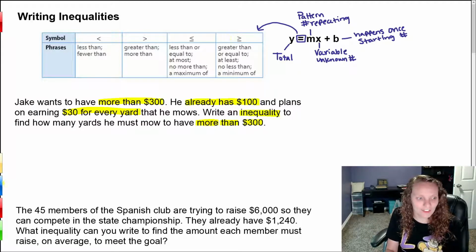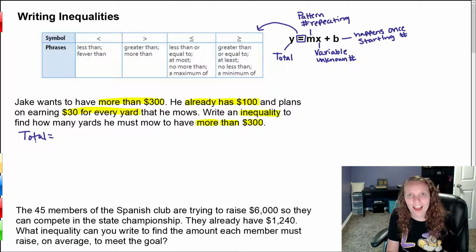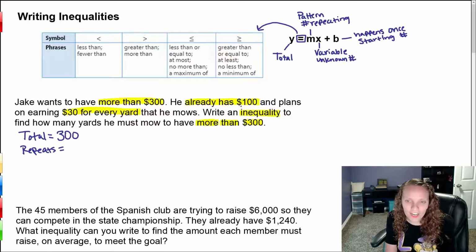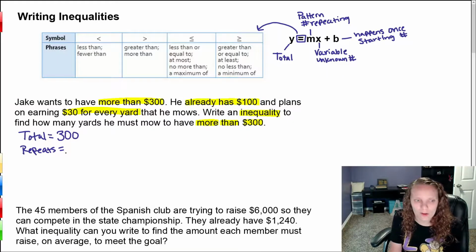Alright, so let's identify the total first. He wants to have a total of more than $300, so total is 300. The pattern or the number that repeats: he already has $100 and plans on earning $30 for every yard that he mows.